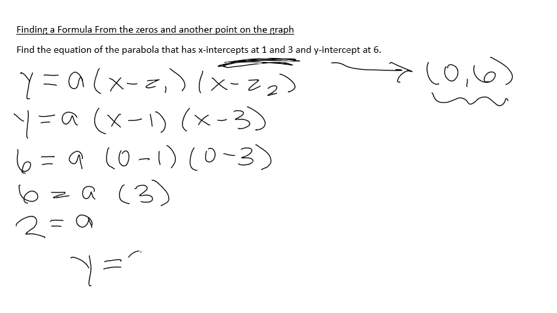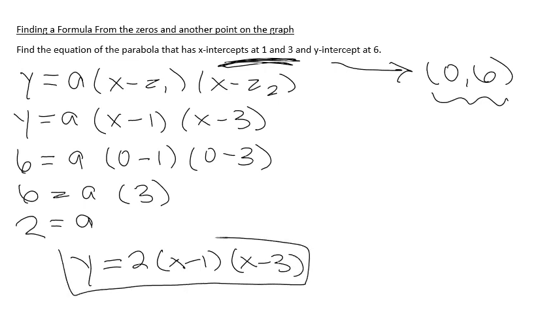Now I can write my equation. y equals, a is 2, my x-intercepts are x minus 1 and x minus 3. This is a fine form of the equation. If I wanted it in standard form, I would need to multiply the x minus 1 by the x minus 3.